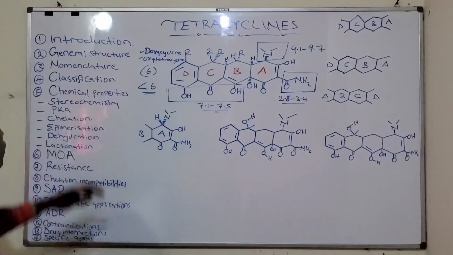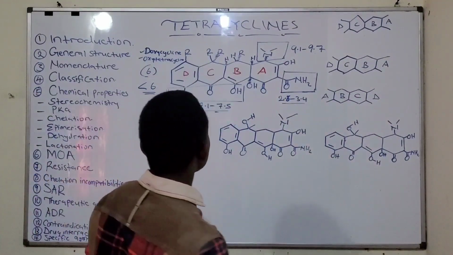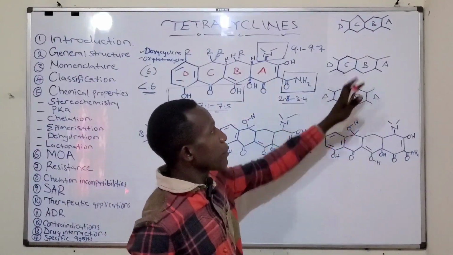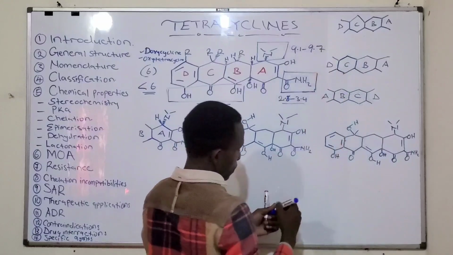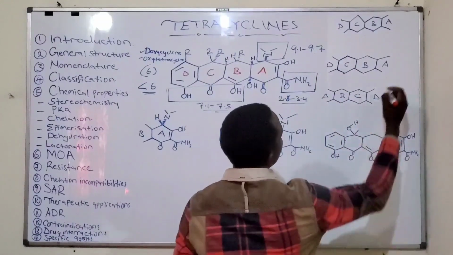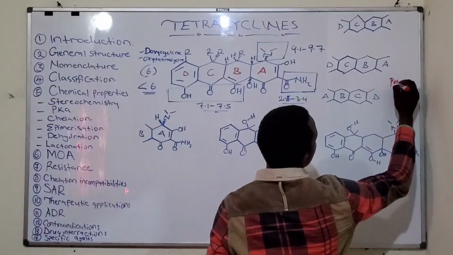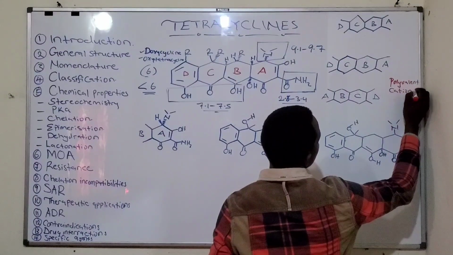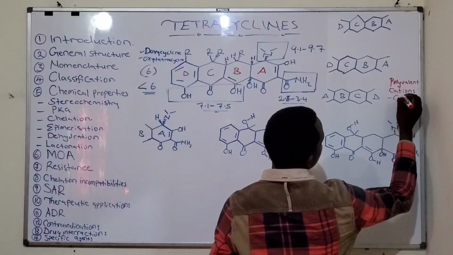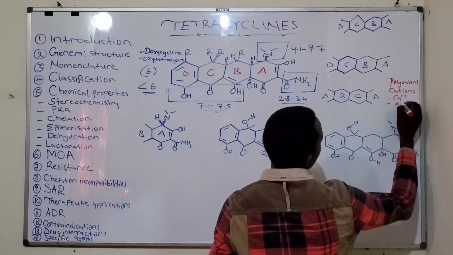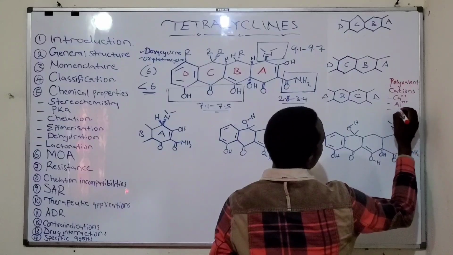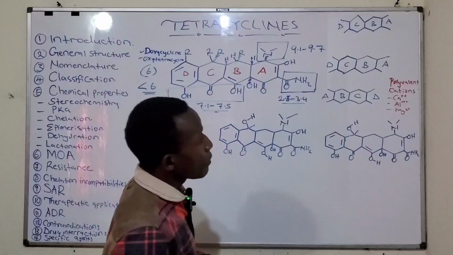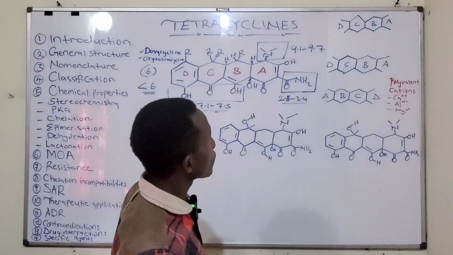Then for chelation, tetracyclines have a tendency to chelate polyvalent cations. These can be calcium, aluminium, magnesium, and many polyvalent cations, meaning more than one valence.